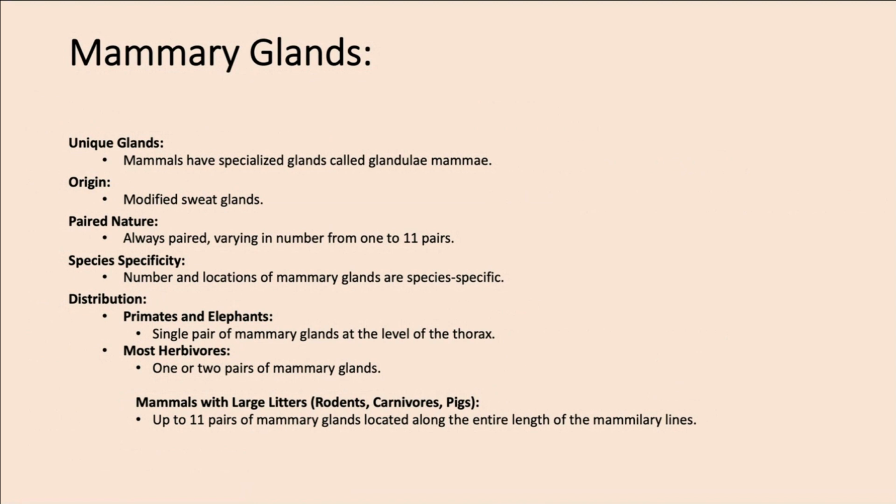And then mammals with large litters, basically meaning mammals that give birth to many live young at a time, such as rodents, carnivores, and pigs, will have, of course, a lot more mammary glands so that they're able to provide milk for their young. So basically, the amount of mammary glands depends on how many live births they can give in one sitting.